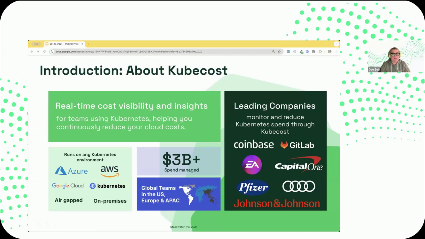Today, we manage about $3 billion in cloud spend. We work with some really awesome customers like Johnson & Johnson, Audi, and GitLab. Also, in case you missed the big news, I did want to mention that we are excited to announce that on Tuesday we were acquired by IBM. We'll be joining their FinOps suite, which will include us along with Cloudability and Turbonomic.